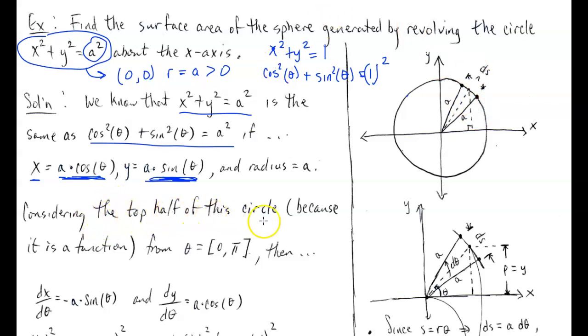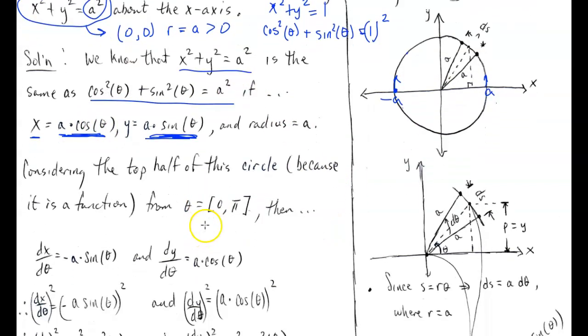Now, if we consider that top half of the circle again, and this is minus a, and that's a there, then we know that our angle theta can be anything from 0 to pi, okay? So we know that, okay?